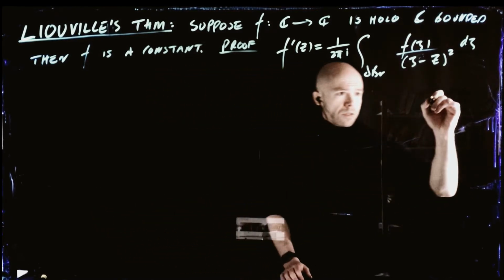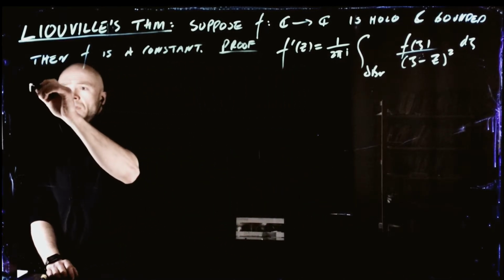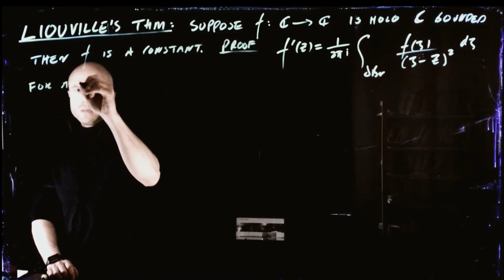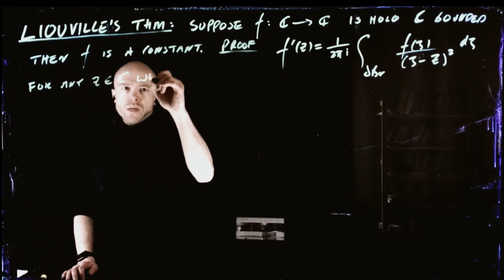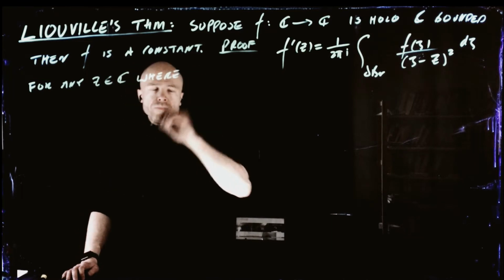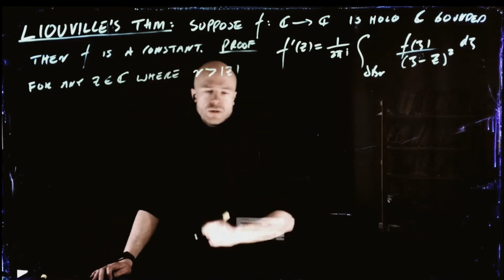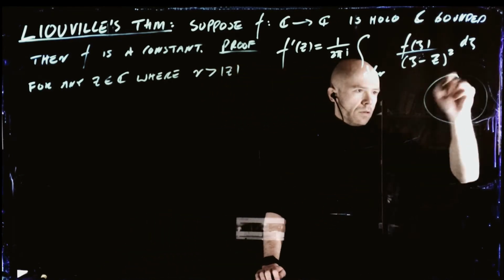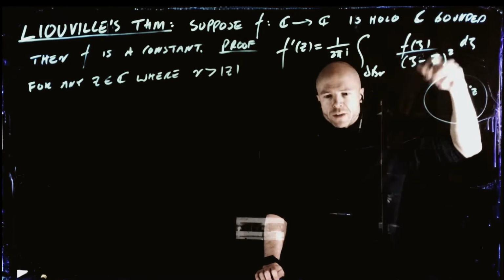So z is any point inside the complex plane, where r is bigger than the absolute value of z. So we're taking any radius bigger than this.